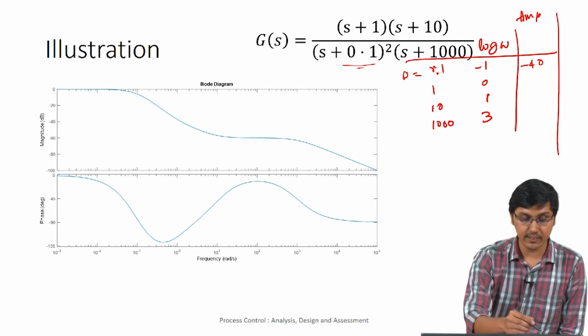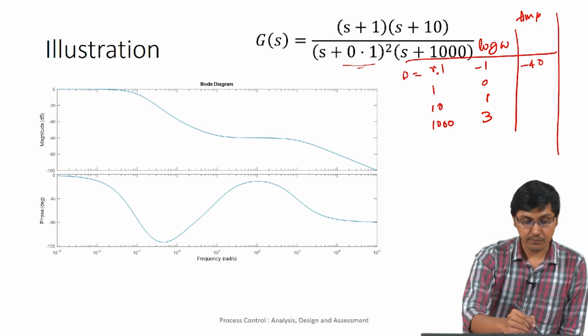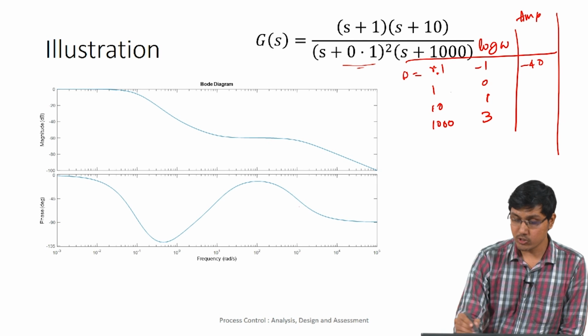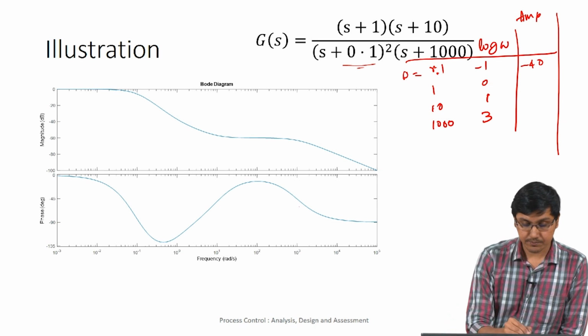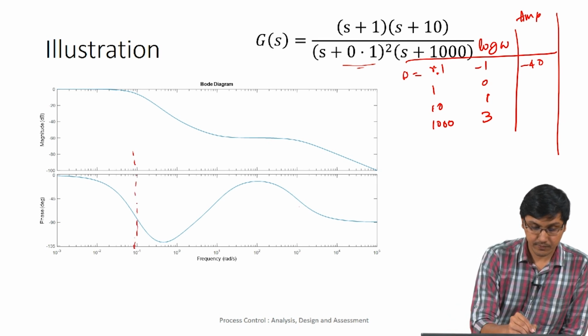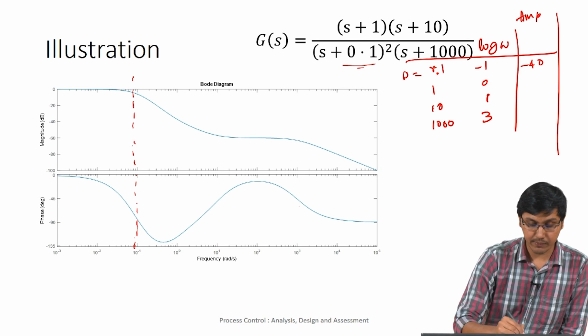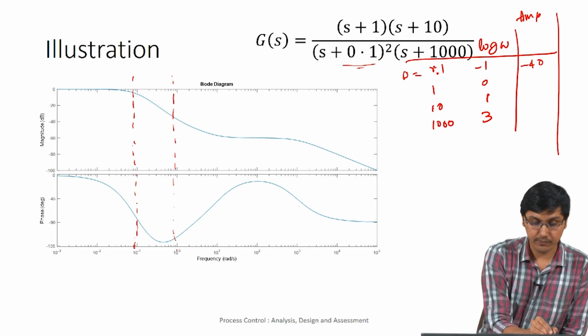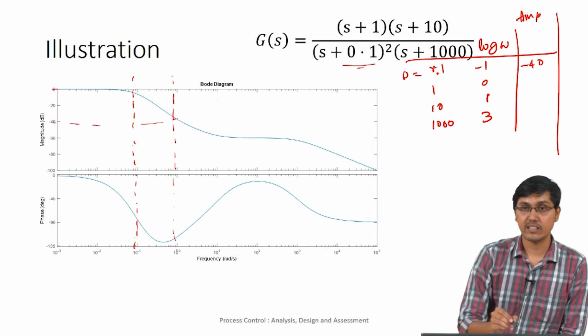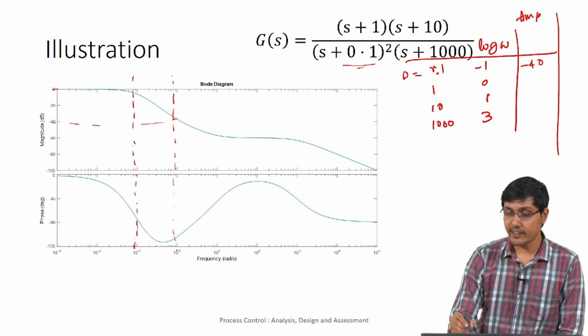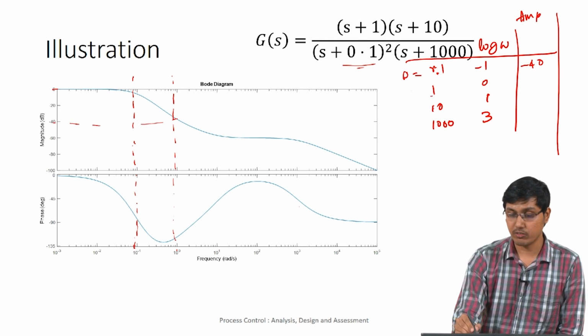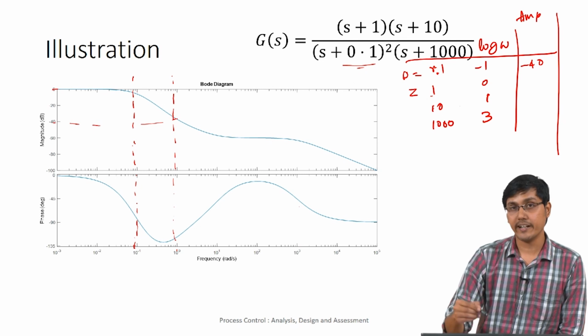You can see here at omega equal to 0.1, which is this line, it starts falling at the rate of minus 40 dB per decade. Then at 1 there is a zero, so it gets incremented by 20 dB per decade.